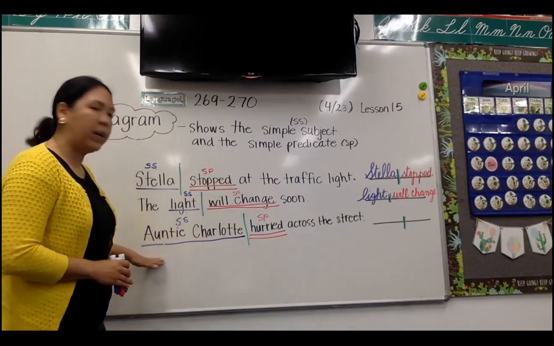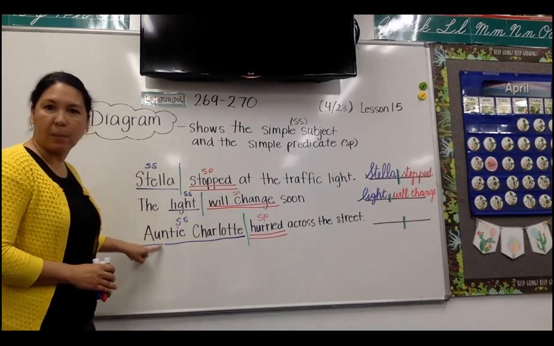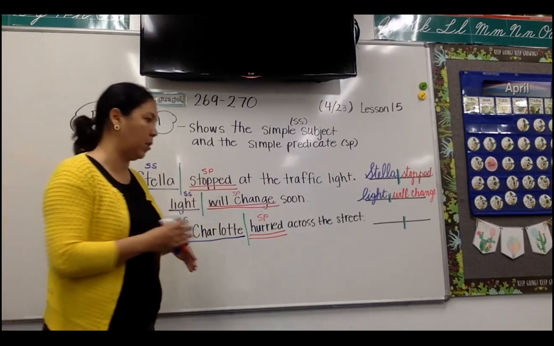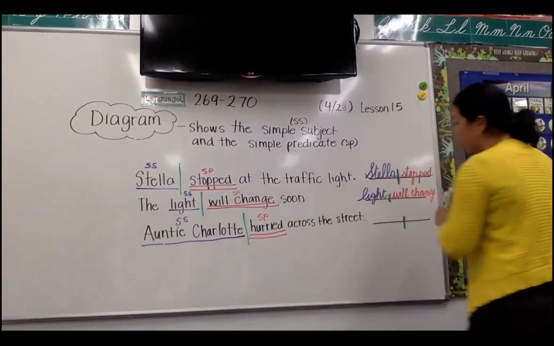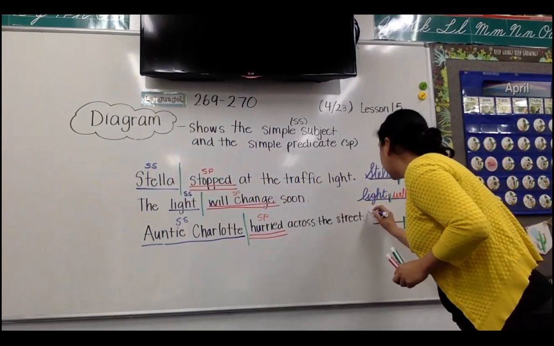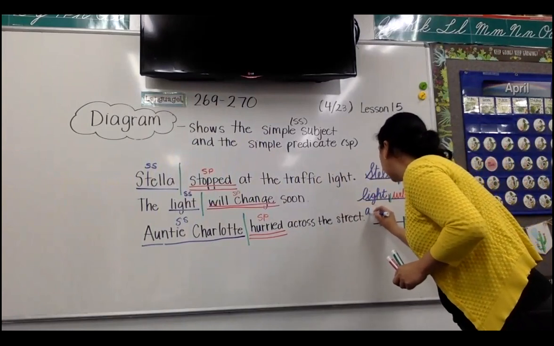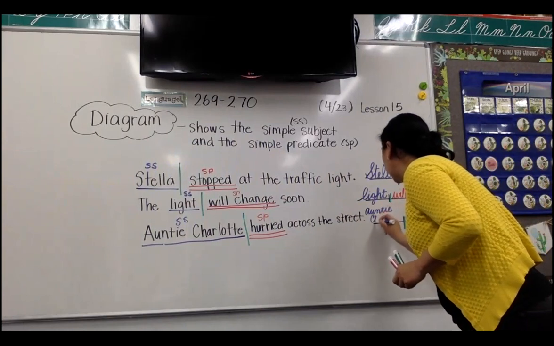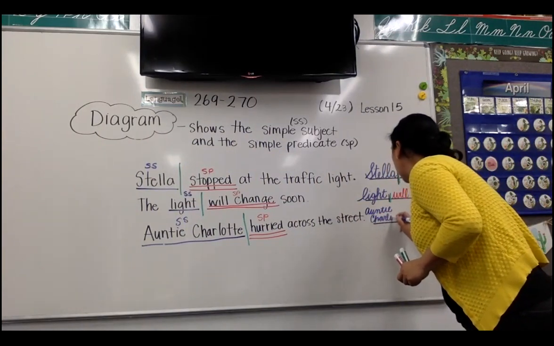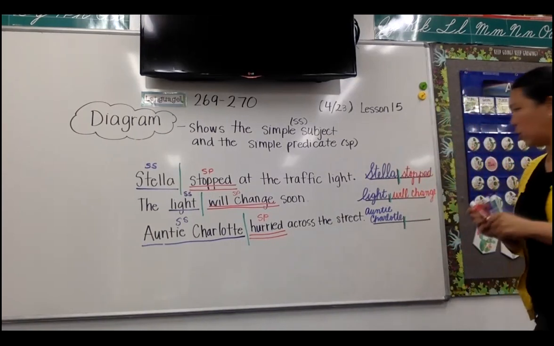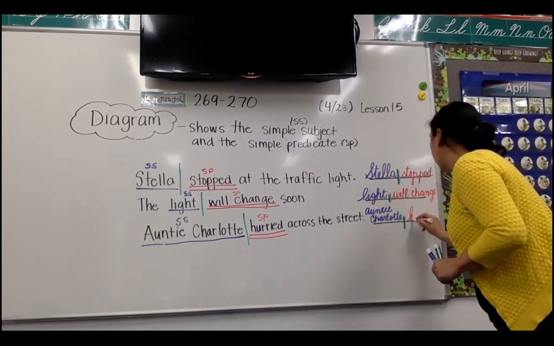But when you say it, Auntie or Uncle so-and-so is technically a part of their name. So over here, I'm going to write kind of small, because I've got to fit Auntie and Charlotte. I'm going to do one on top of the other. Auntie Charlotte is my simple subject. And what did Auntie Charlotte do? She hurried.